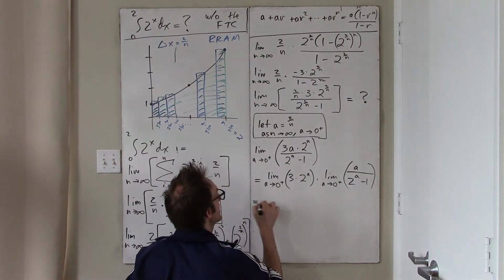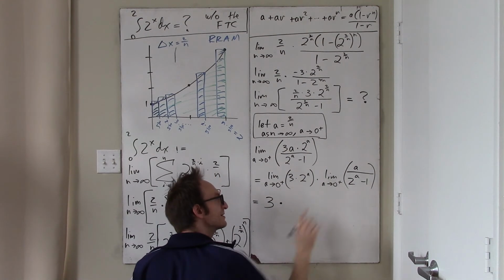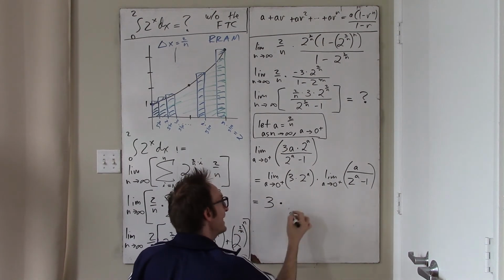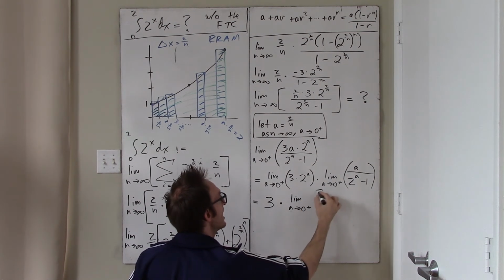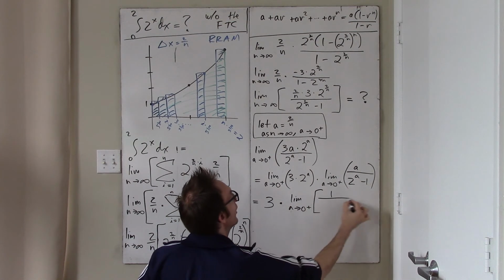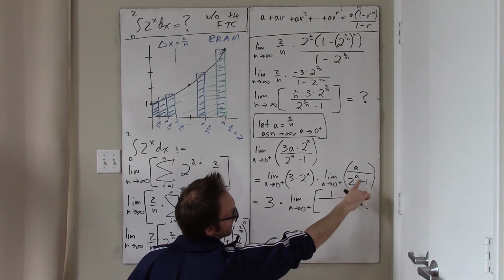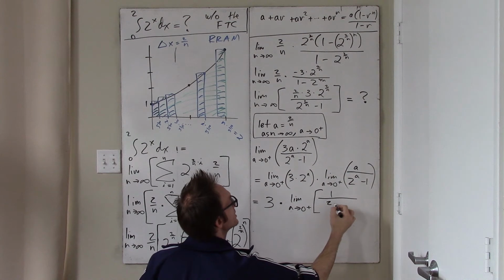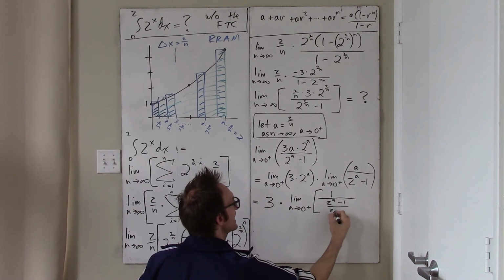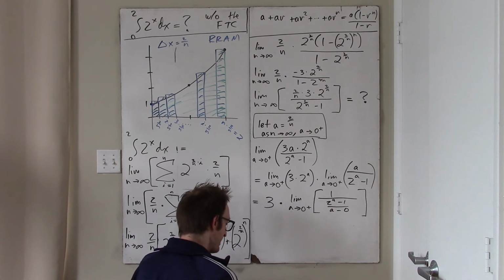Well, it's going to be 3 times, and this looks suspiciously familiar to me. I'm going to write this as the limit as a goes to 0 plus of 1 over, well, reciprocating this, 2 to the a minus 1 over a. And I might even write this as a minus 0.